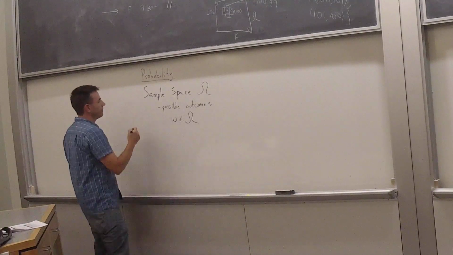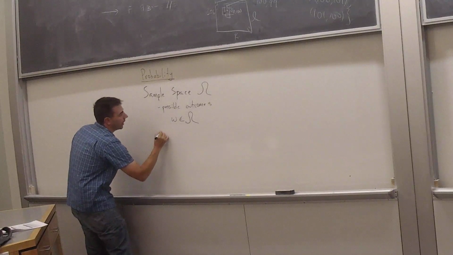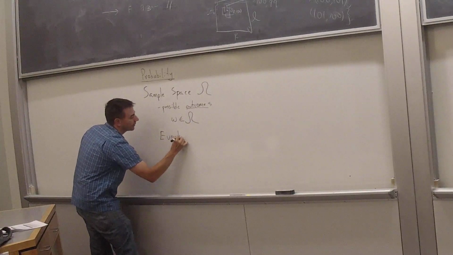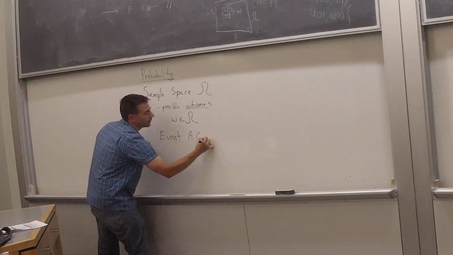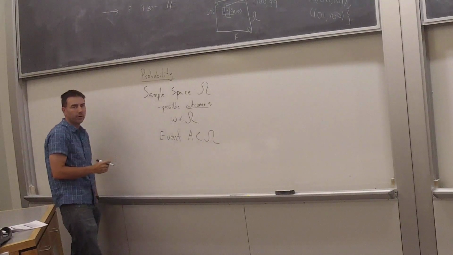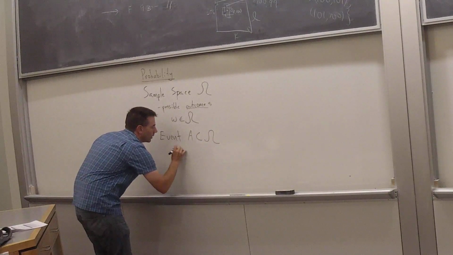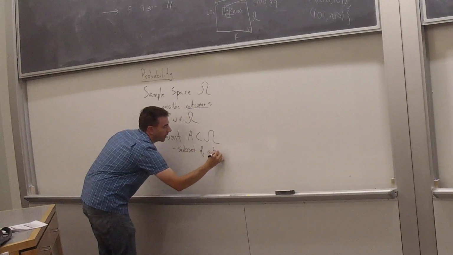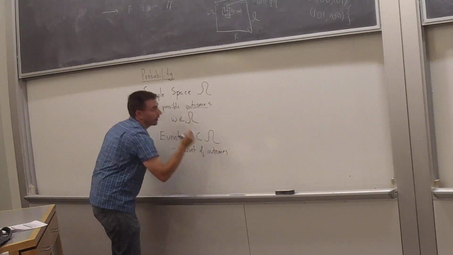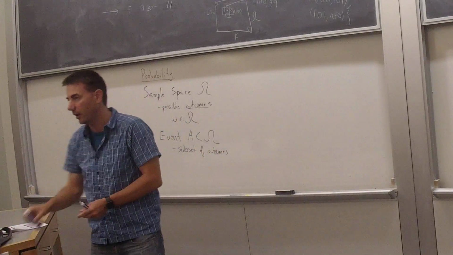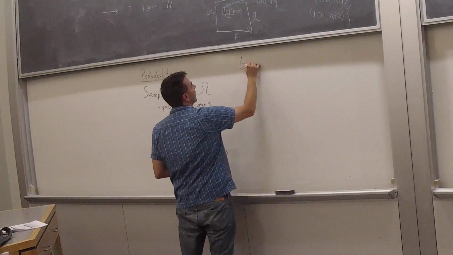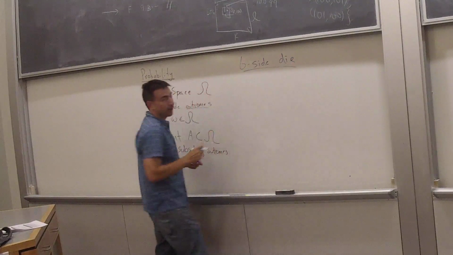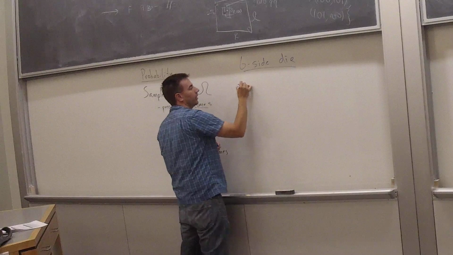Okay, so this would be an outcome, and then an event A is going to be a subset of the sample space, a subset of outcomes. A nice example of this is a six-sided die.